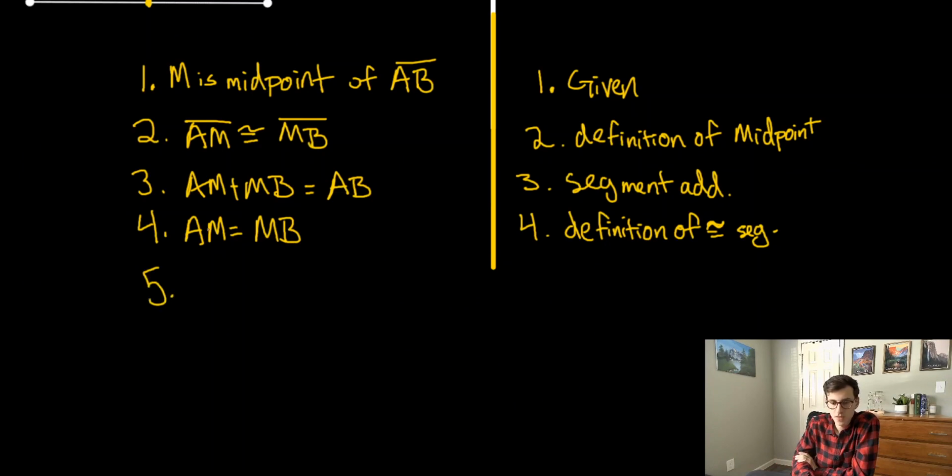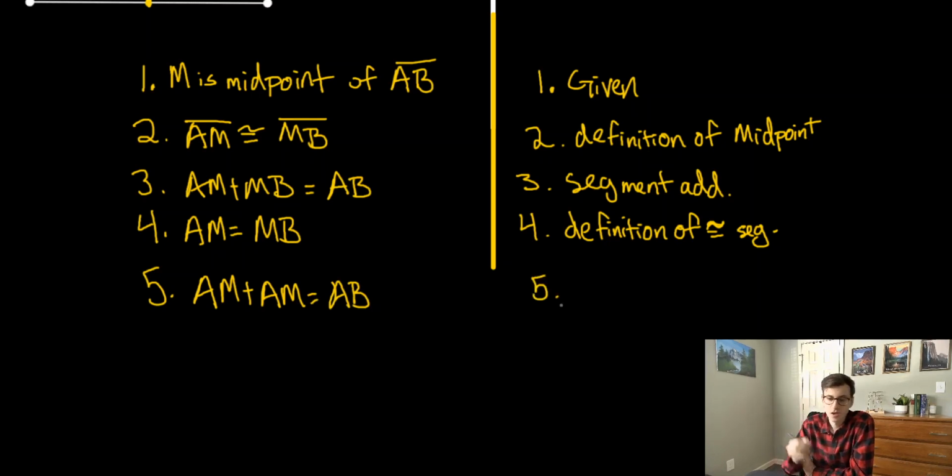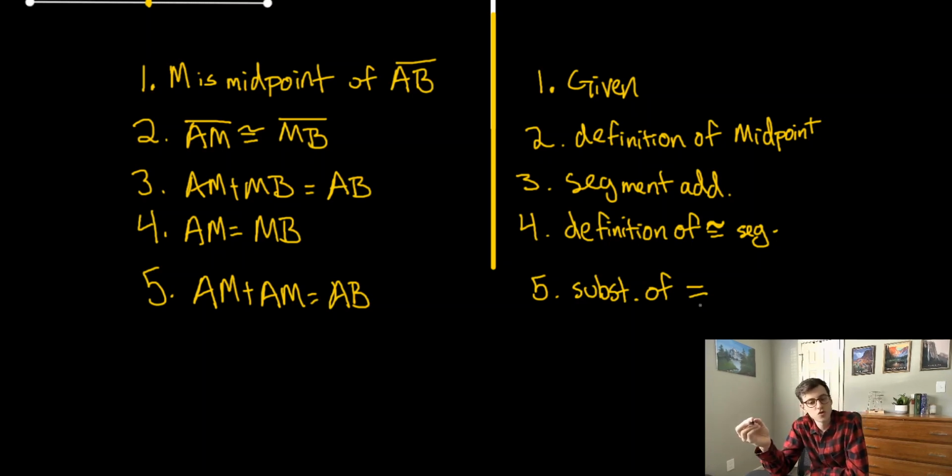So AM is equal to MB by the definition of congruent segments. Remember, we talked about that a little bit earlier, and that's just to convert from segments to numbers. Now that I can say these two are equal, since AM plus MB equals AB, then AM plus AM equals AB. This is something we talked about in algebra proofs. I'm using the substitution property of equality.